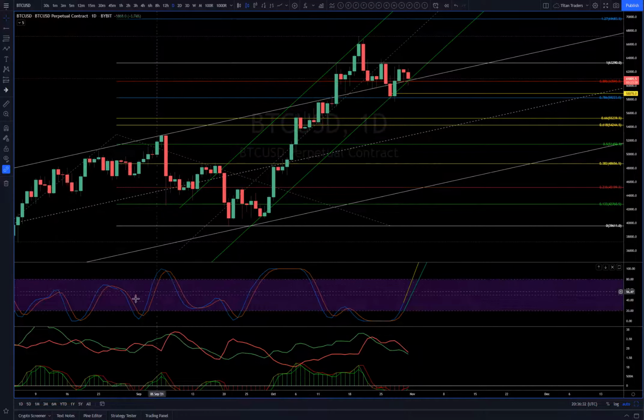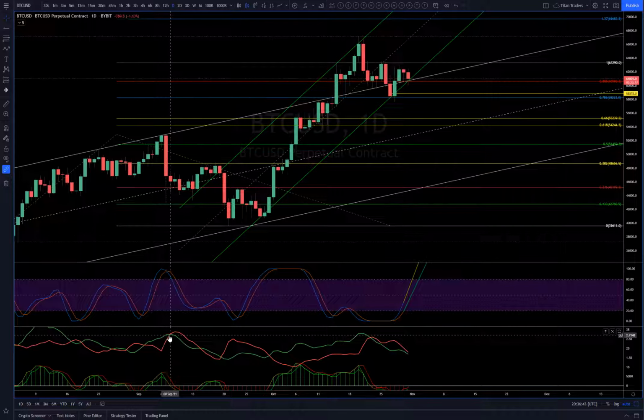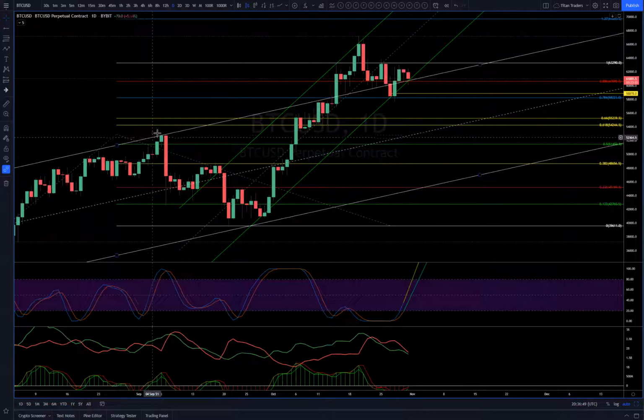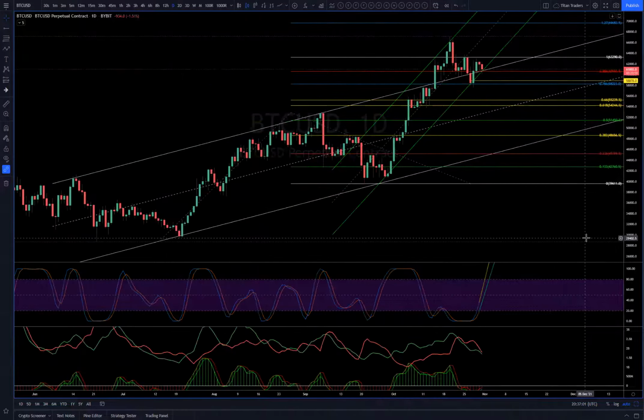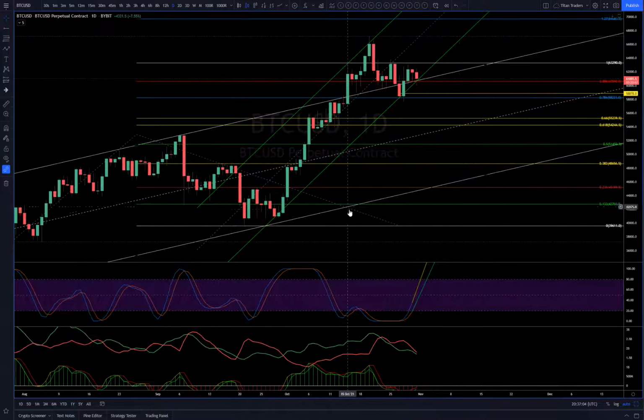But on the move down, you can see here the RG turned red, and there's a sharp increase in sells. Yes, there's an increase in buys, but the increase in sells was so significant that it created this big massive candle down, and we slowly still move down. We got a little push up, but again, not enough, and we continue to move down. There are certain things I'm looking at in terms of BTC.